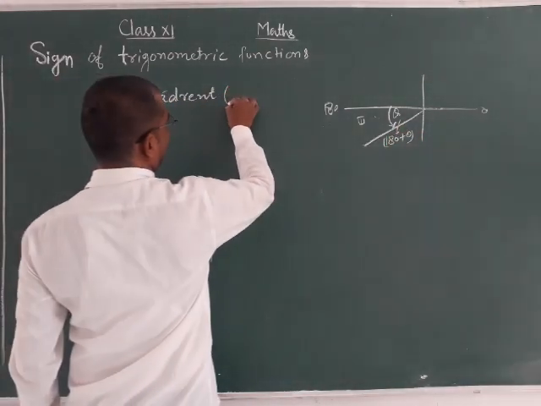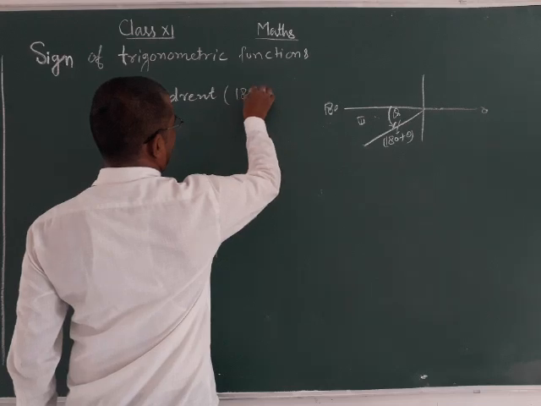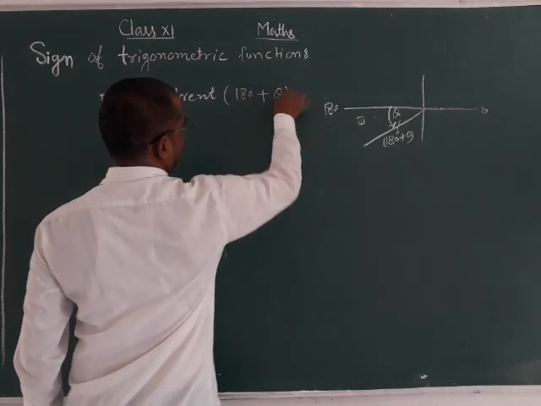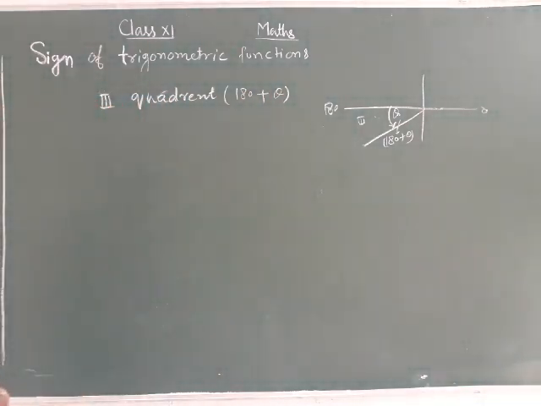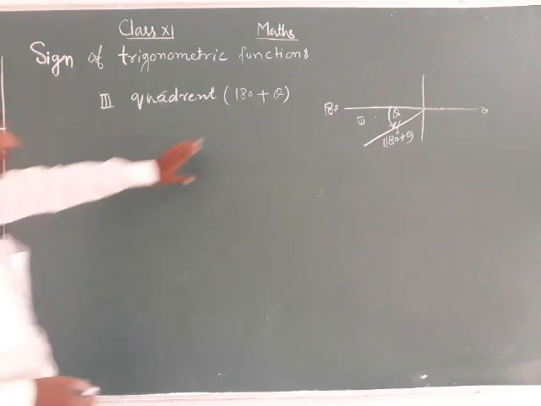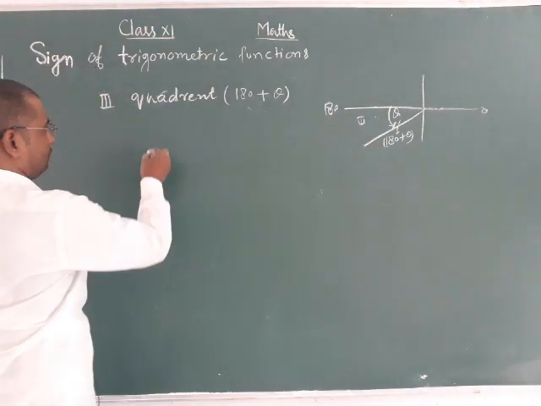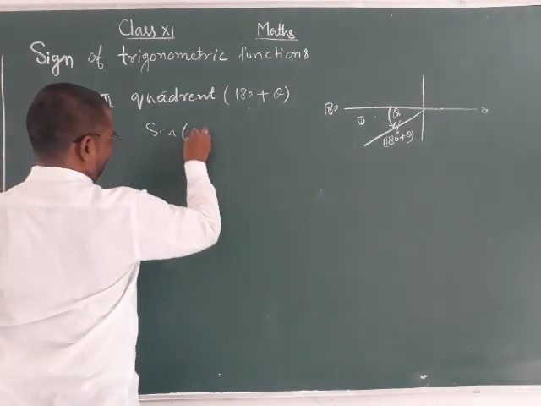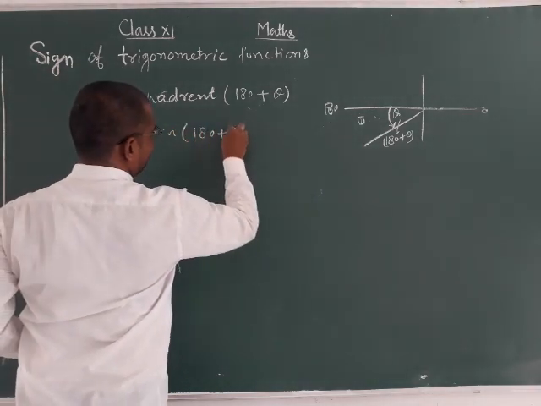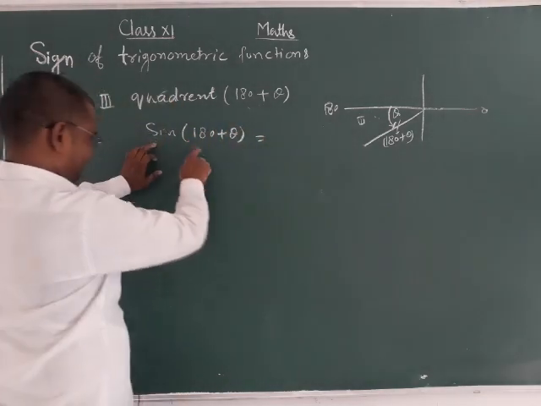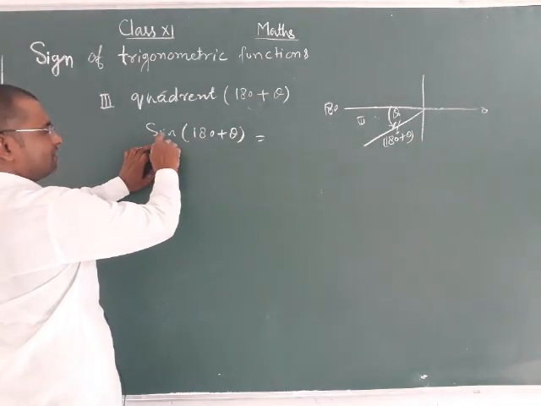Sin of 180 plus theta: with 180, there is no change in ratio.